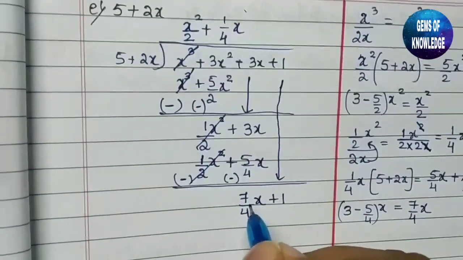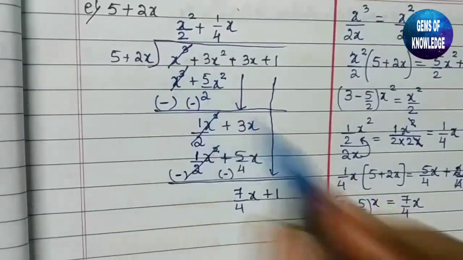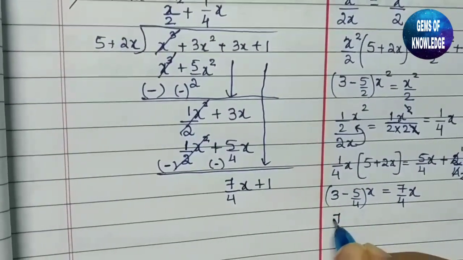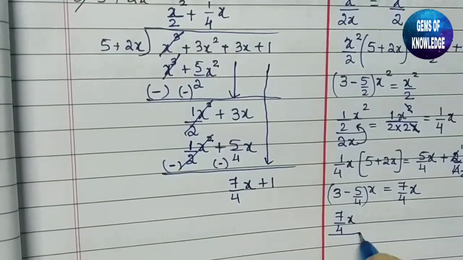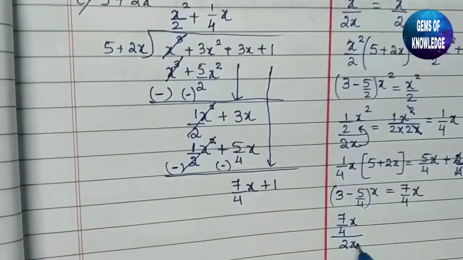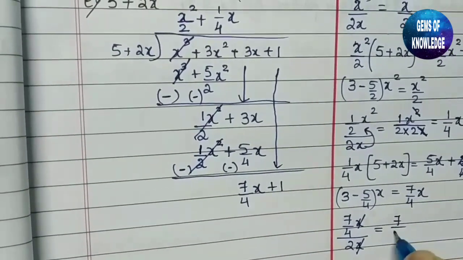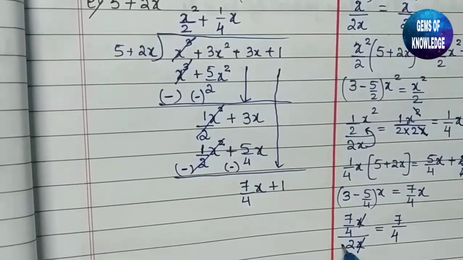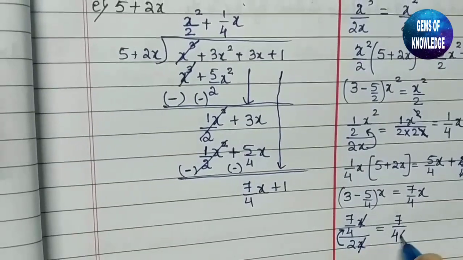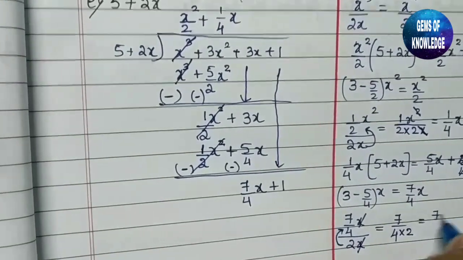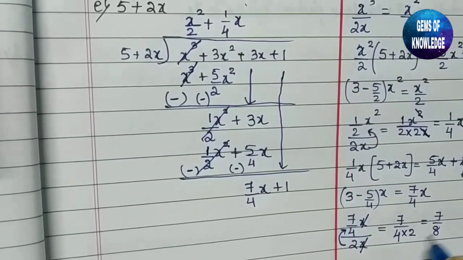So again you need to divide this 7 by 4x by 2x. Okay, divide this 7 by 4x by again 2x. So what you are getting, x and x will be cancelled. So it is remaining as, okay, like this, and when you take this 2 upside it will become like this. So you are getting 4 2s are 8.